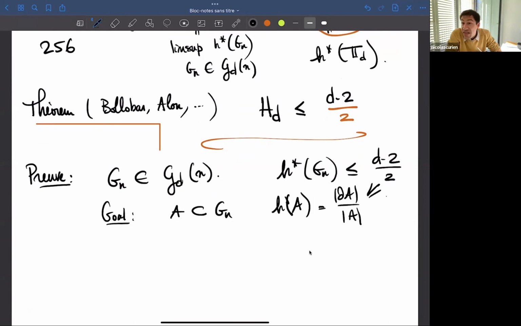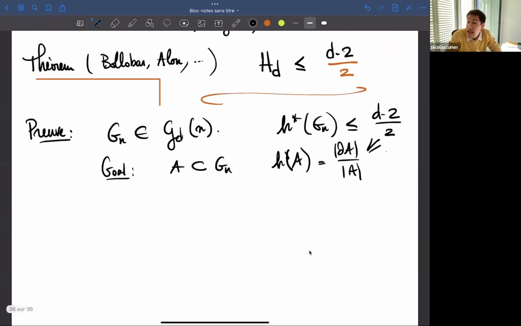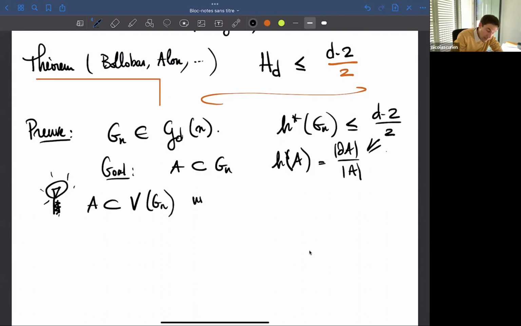But you don't know anything about your graph. Your graph can be virtually anything. So how will you build A in a clever fashion? Well, the idea is just to take A at random. Take A inside the vertices of Gn uniformly at random.